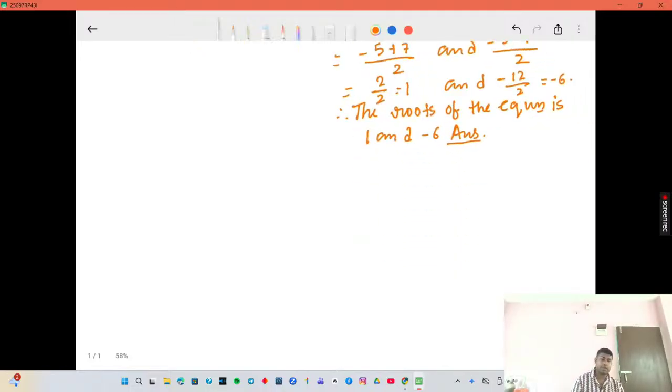So what will be the next question? The question is given as 5 to the power x plus 1 plus 5 to the power 2 minus x is equal to 5 cube plus 1.